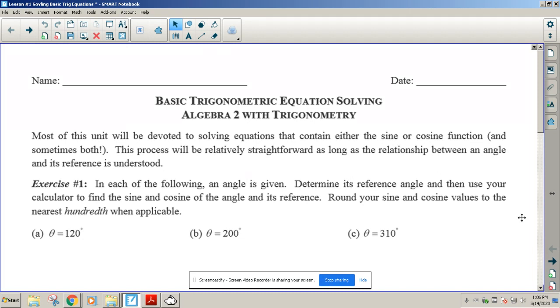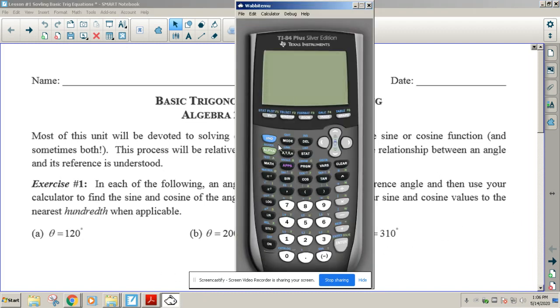And the other thing we're going to have to do right now is make sure our calculator is in degree mode. So we needed radians for graphing, but if you recall, for everything else, we need to be in degree mode. So now we need to go back to that. So please make sure you turn on degrees.